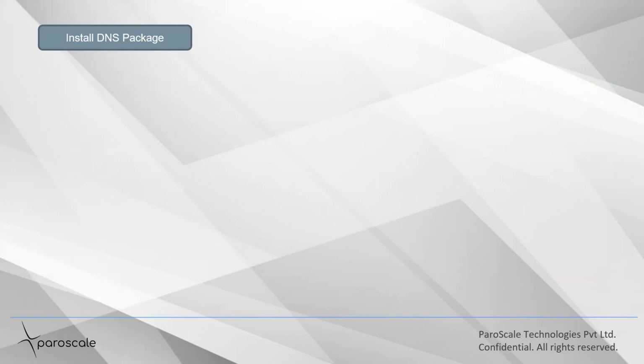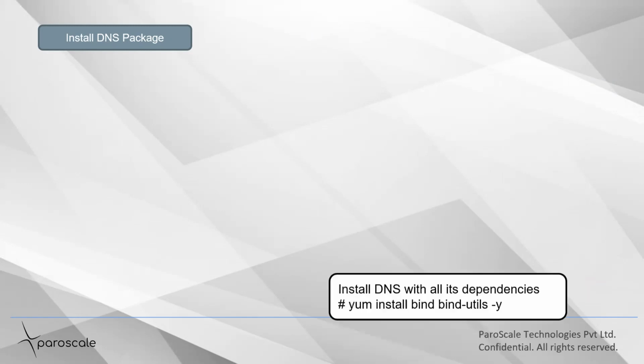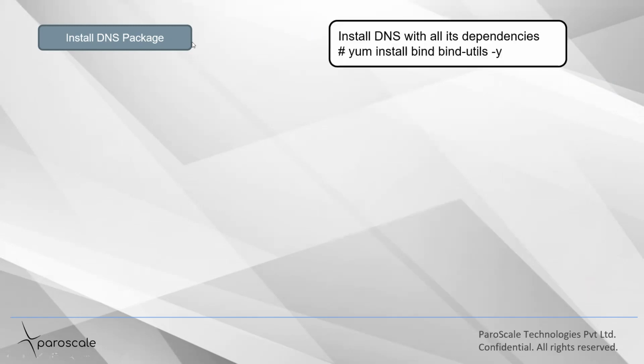So we will use the BIND packages for configuring the DNS. Let's start. First we have to install the DNS package. We need to install the BIND package with all its dependencies in our system.